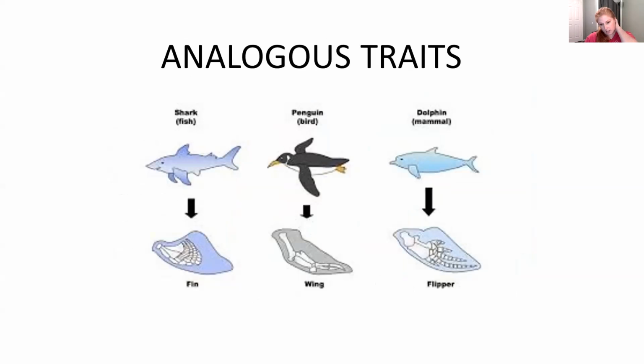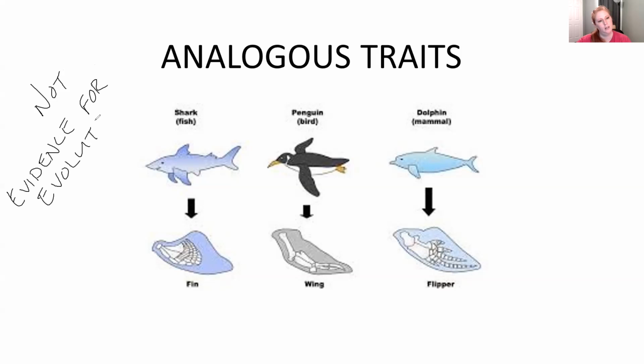This one is not part of the evidence for evolution. I'm showing you the difference between analogous and homologous traits. Okay. So out of the slides I'm showing you, this one is not evidence for evolution. Again, showing you the difference between analogous and homologous traits.